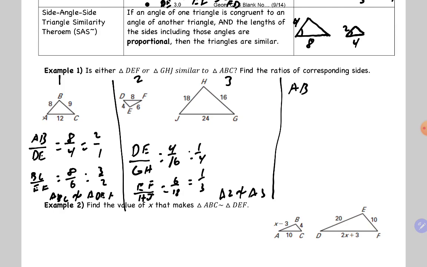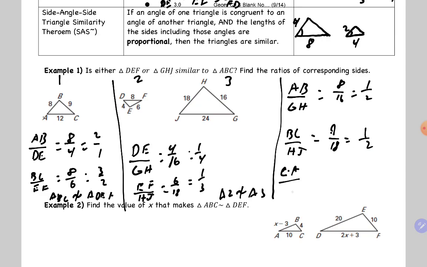So AB over GH, BC over HJ. We got 8 over 16, that equals 1/2. We got 9 over 18, that's 1/2. Because these match, we need to check the final side.